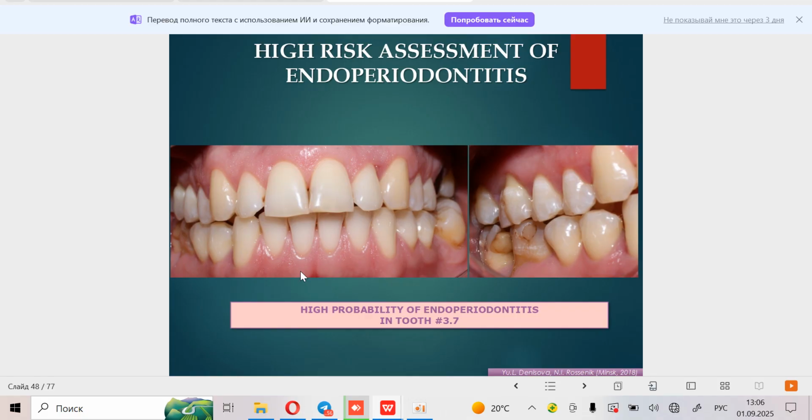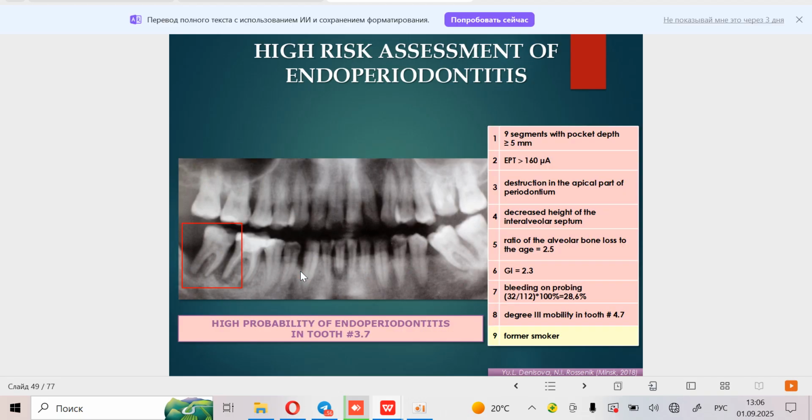You can see a patient with a high risk assessment of development of endoperiodontitis of tooth 3.7. All prognostic criteria are in the high risk, except the habit of smoking tobacco, which is in the medium probability category.